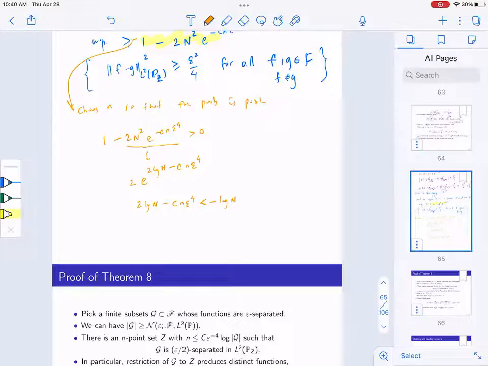Then I would get, let's say 100 log N, or some constant, capital C. Let's say A log N, A positive. Then I get 2 plus A log N is bigger than c n epsilon to the 4. So n has to be bigger than epsilon to the negative 4 times 2 plus A log N divided by c.